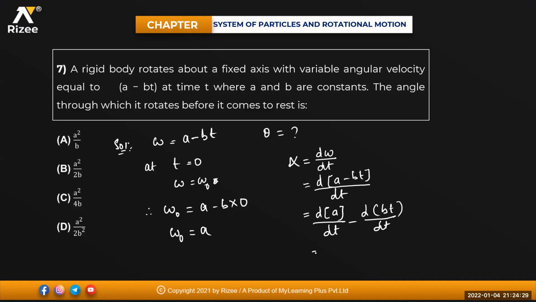A is a constant, so it is 0 minus b into dt by dt. That will get cancelled, so that will be equal to minus b. So alpha is equals to minus b and omega naught is equals to a. Then I need the value of theta. What is it telling? The angle through which it rotates before it comes to rest. That means final angular velocity is how much for me? 0.